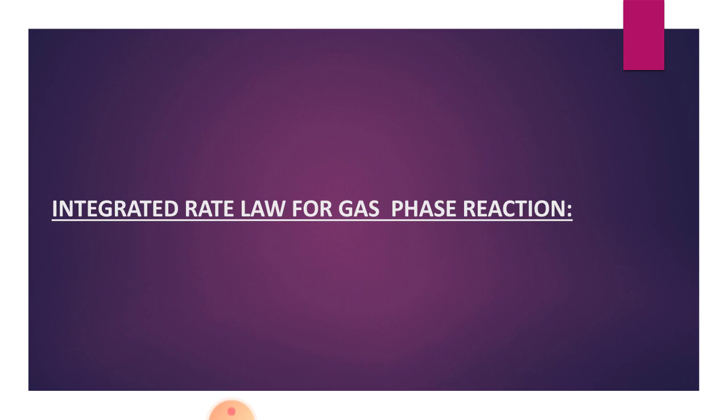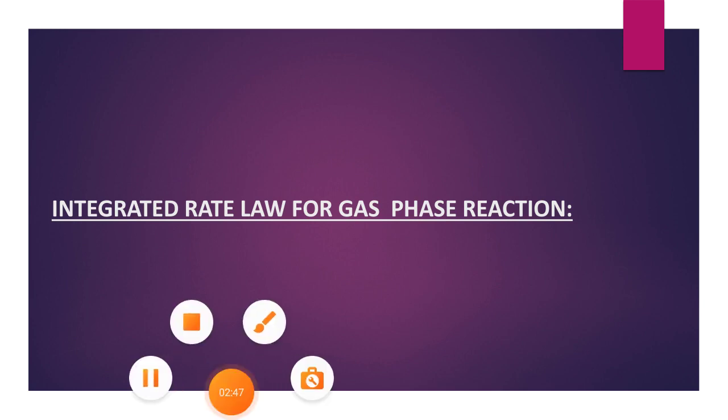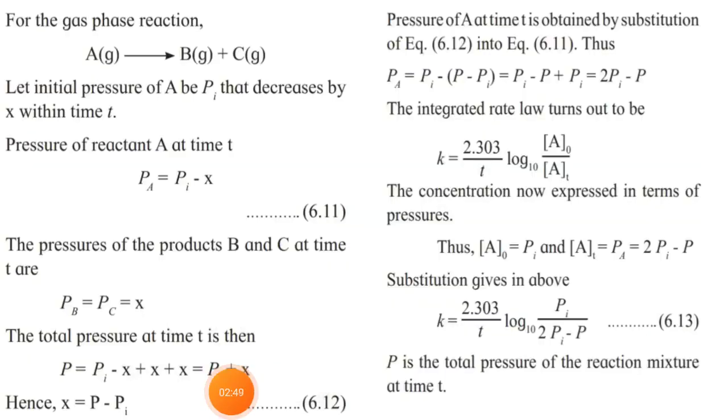Let's see how it occurs. So students, for the gas phase reaction, A is your reactant which is reacting and it is in gas phase. It gets converted into B and C. Again the product is in the gaseous phase. Your reactant is in gas phase and the product is in gas phase too.